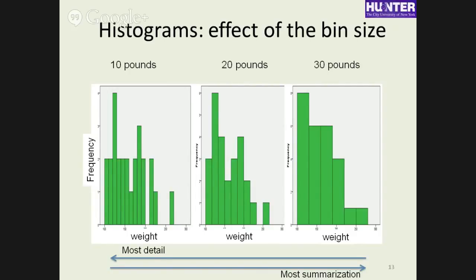But yes, question. So in a bar chart, each bar is just one value, whereas in a histogram it's a range? So the question is, what's the distinction between the categories in a bar chart and in a histogram? The distinction, I think, is that in a bar chart you're representing a categorical variable, so just one value of the categorical variable is represented by that bar.